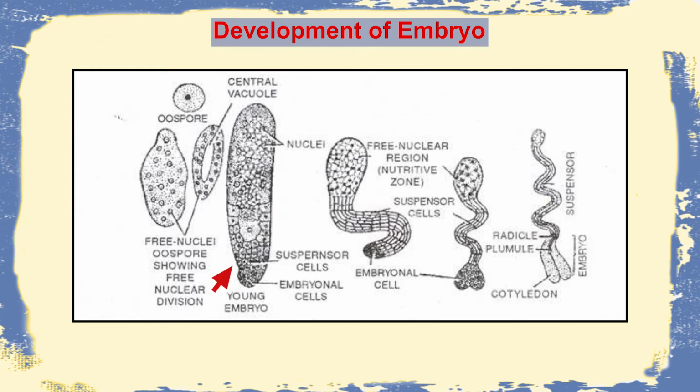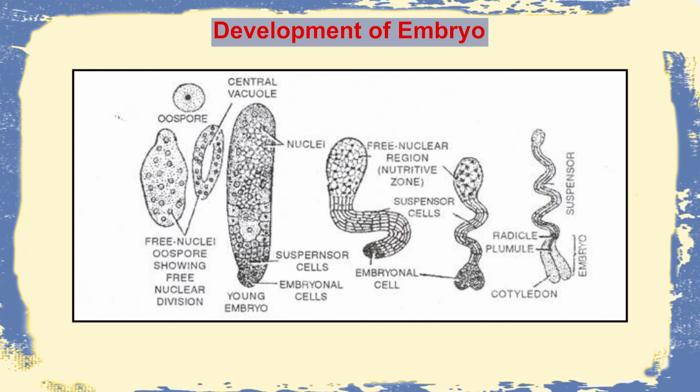It is an elongated oval structure, and then there will be free nuclear division and gradual elongation of the embryonal cell. This embryonal cell will ultimately develop into a typically heart-shaped structure, but the upper part or the nutrient zone remains the same.